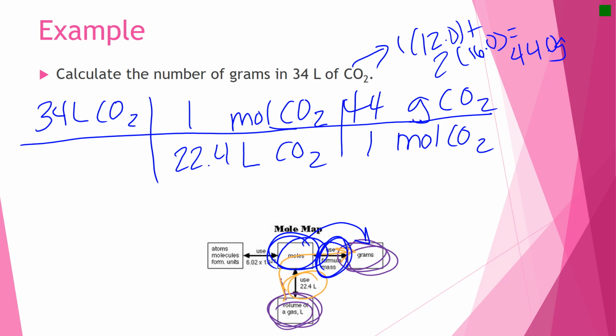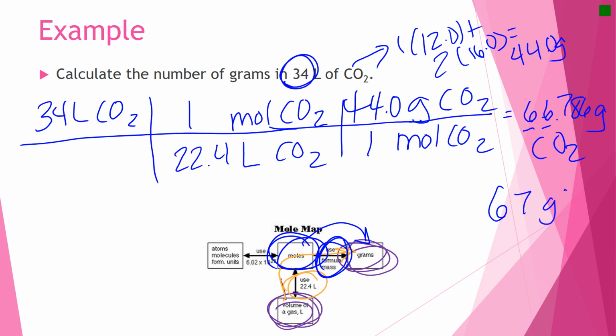So put that in, 44.0. And so we're going to take 34 times 1 divided by 22.4 times 44 divided by 1, and we get 66.786 grams of CO2. Now rounded to 2 sig figs, this should be 67 grams of CO2.